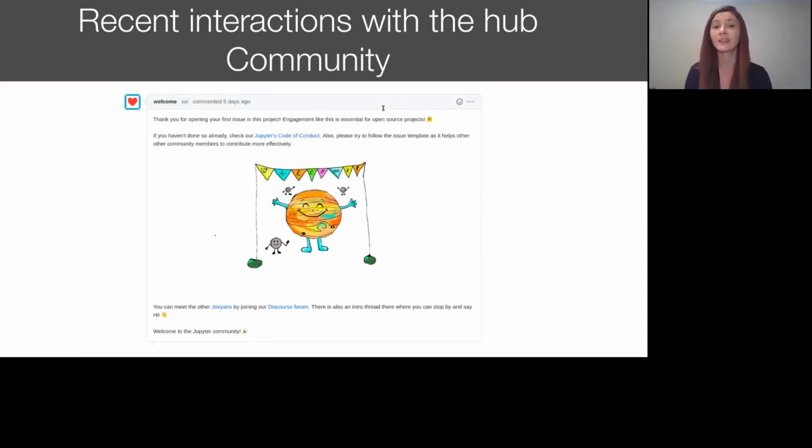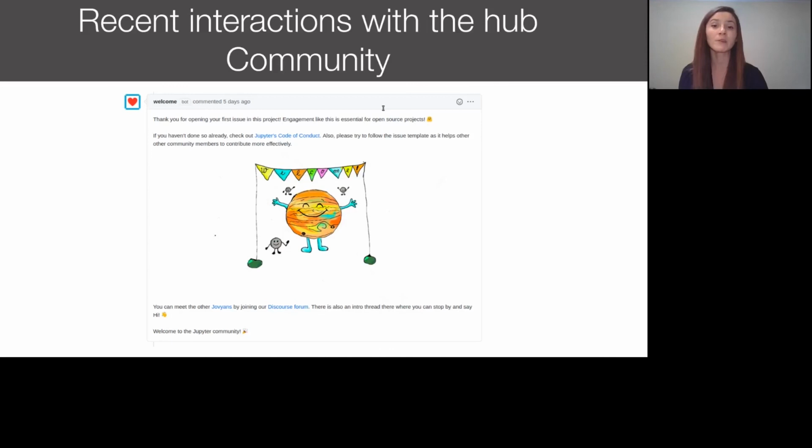One of the things that I'm most proud of is configuring the welcome bot for the JupyterHub GitHub organization. The bot welcomes contributors that opened issues or pull requests for the first time in a JupyterHub project. It also congratulates them when their first pull request is merged.